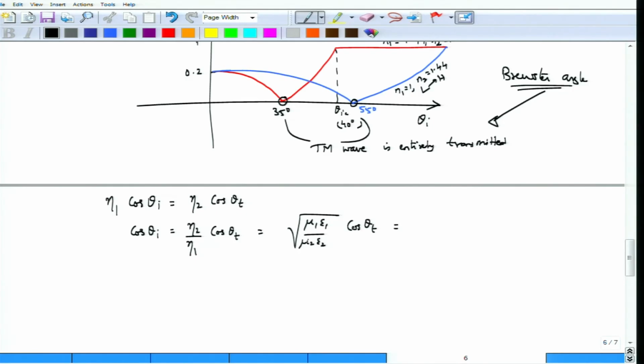But we have already said that mu 1 is equal to mu 2 typically, therefore this is nothing but square root of epsilon 1 by epsilon 2 cos theta t.